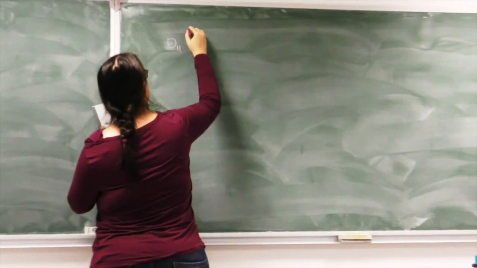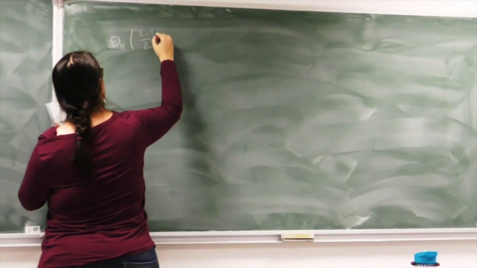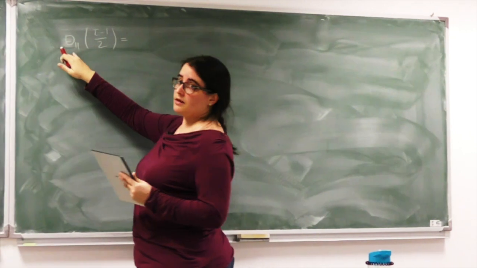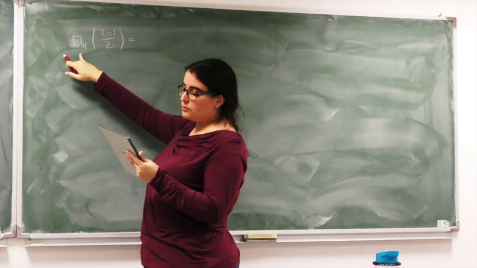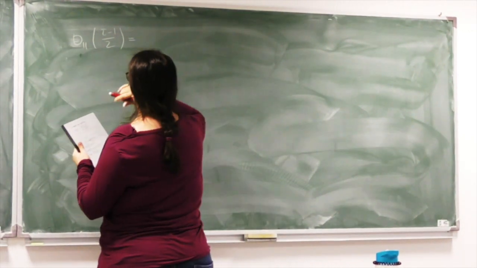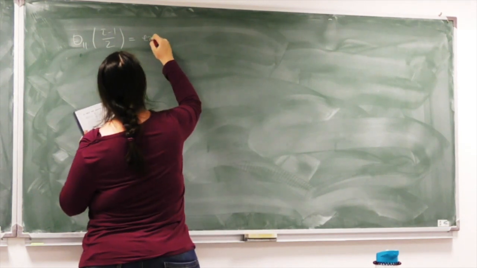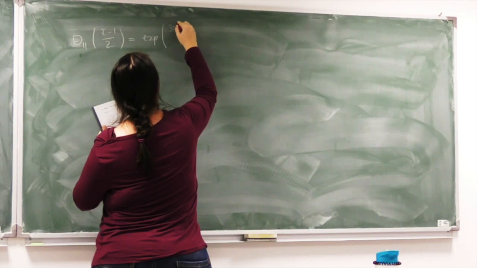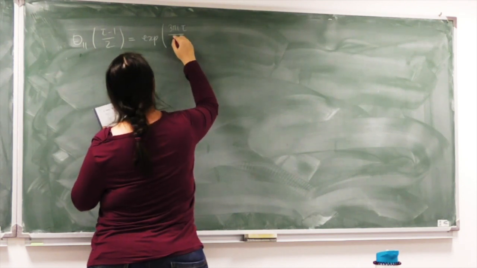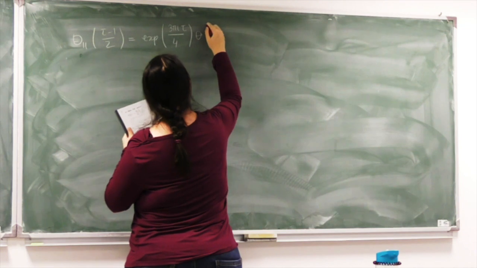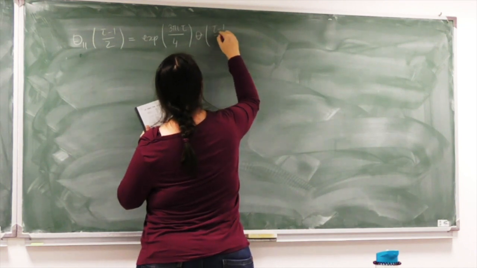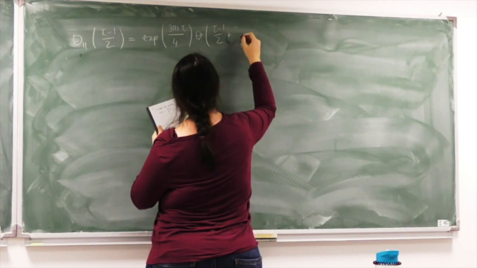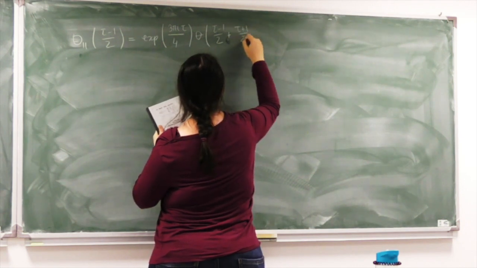So theta 1,1 of tau minus 1 divided by 2. Here we first use the definition of this theta function with characteristics 1/2, 1/2, and we get 3 pi i tau divided by 4 times theta of tau minus 1/2 divided by 2 plus tau plus 1 divided by 2.